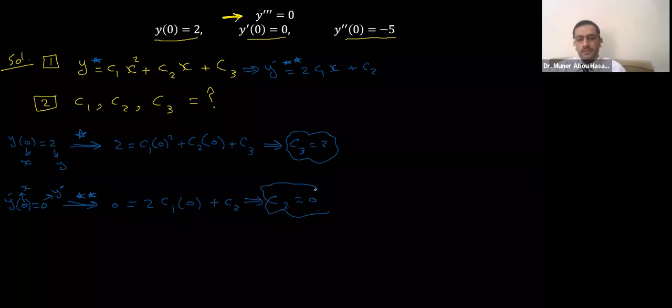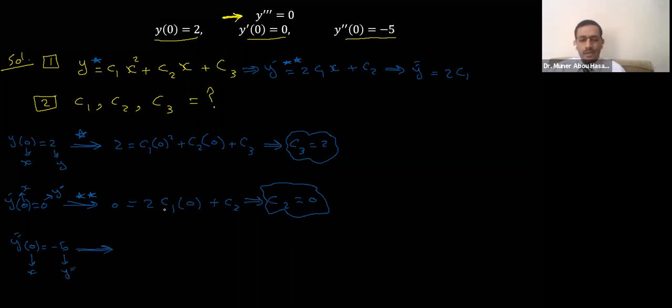Great. Now, third initial condition, y double prime of 0 equals -5. I don't have y double prime, I can't find it from here. Y double prime equals only 2c1. So this 0 for x and this -5 for y double prime.